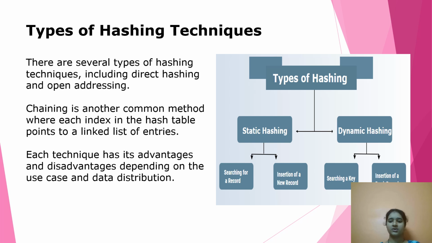Types of hashing are static hashing and dynamic hashing. Static is classified into two types: search for a record and insertion of a new record. Dynamic hashing also has two types: search a key, insertion of data.